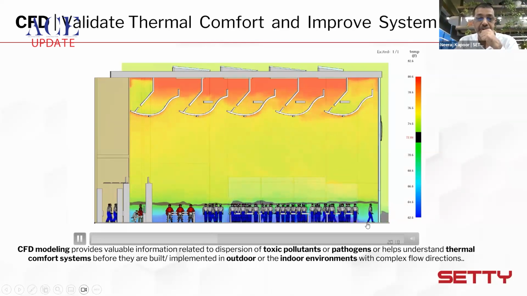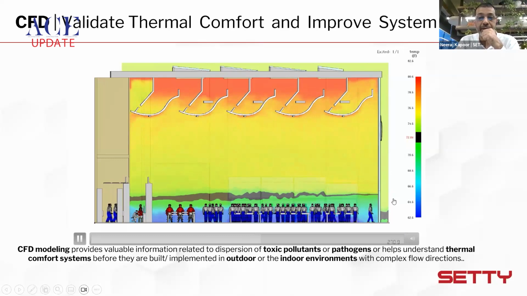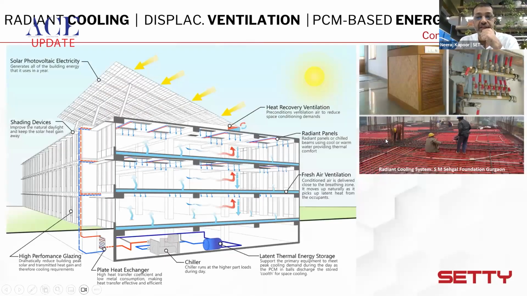There are many such stores which we are doing for the client. In some of them, the outside being very inhospitable, tropical or humid climate, we tend to have features for the facade as well. We try and integrate various systems. This particular one is in India, for one of the buildings I had shown earlier, Cycle Foundation, where the architect chose to have displacement ventilation within the space coupled with radiant cooling.